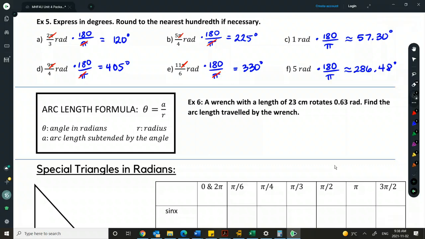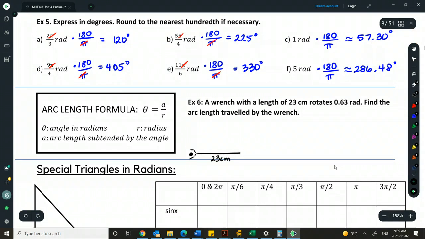An example of how we can use this would be a wrench. A wrench with a length of 23 centimeters rotates around 0.36 radians. Find the arc length traveled by the wrench. So let's suppose we have our wrench here, and we know that our wrench is 23 centimeters.